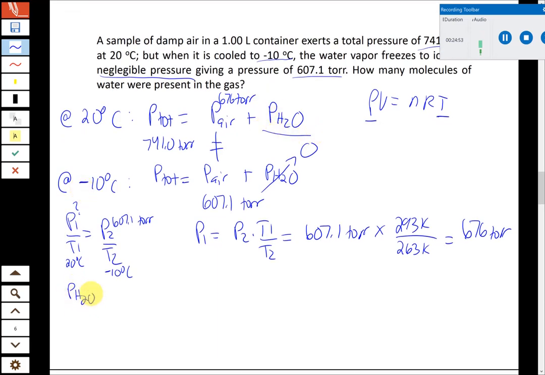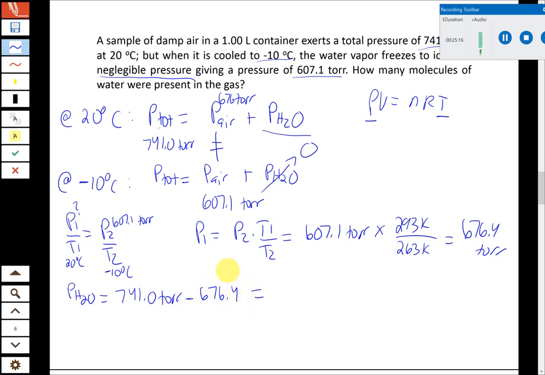So the water vapor pressure at 20 degrees Celsius is going to be the total pressure, 741.0 torr, and I probably should give one more significant figure here, so let's call that 741.0. Not that it's going to matter too much, but anyway, the pressure of the water is just the total pressure minus the pressure of the air, 676.4.